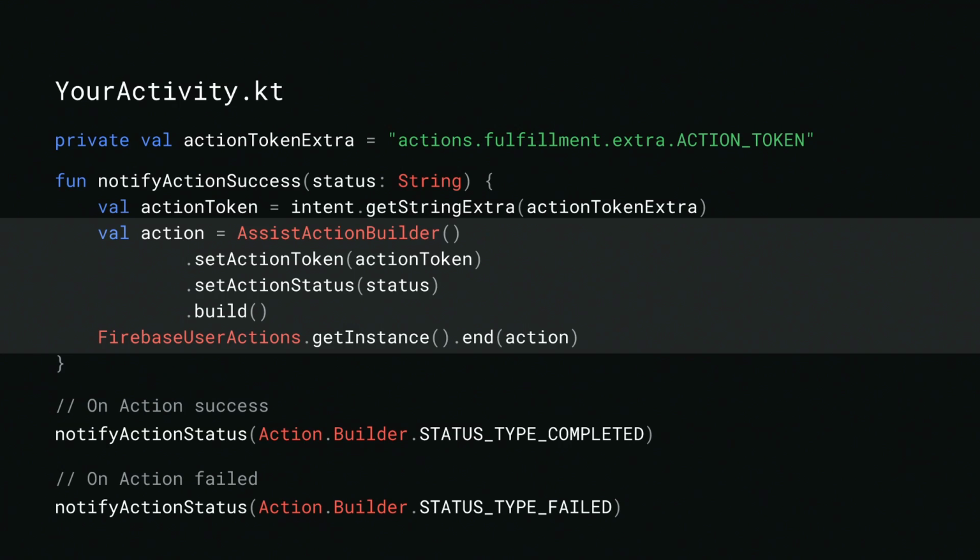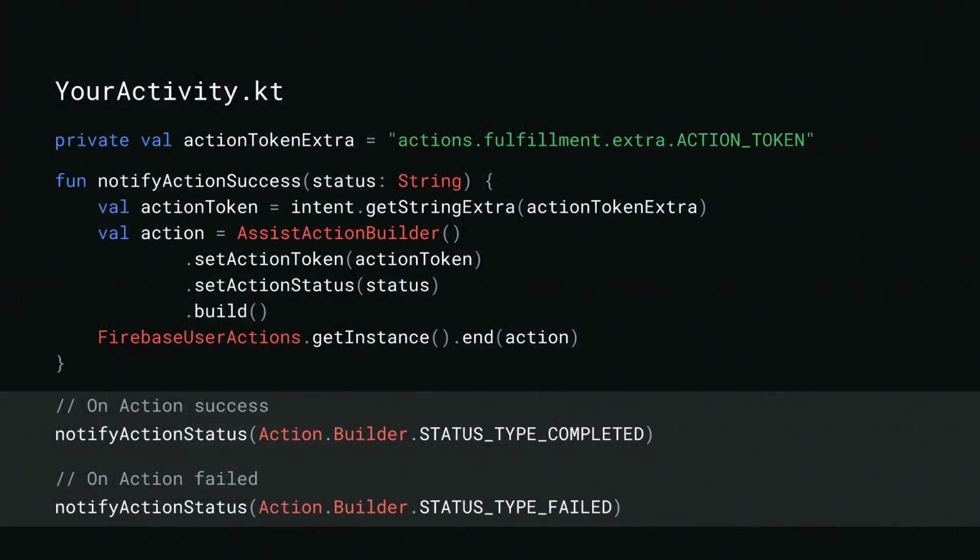It has a start and it has an end. The start signifies the start of the action, but in this case, that happened over in the Google Assistant. End signifies the end of the action, and that's going to happen in your Android application. After that, we're going to call notify action success, the function that we created, along with status type completed if that app action completed successfully, or status type failed if it didn't.